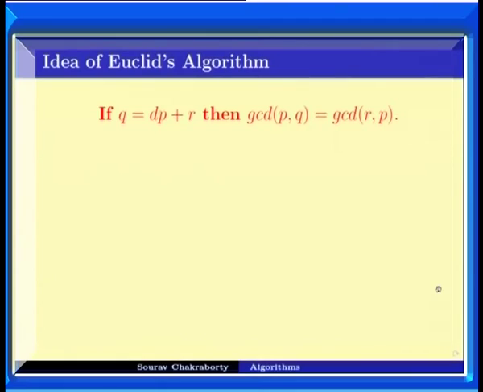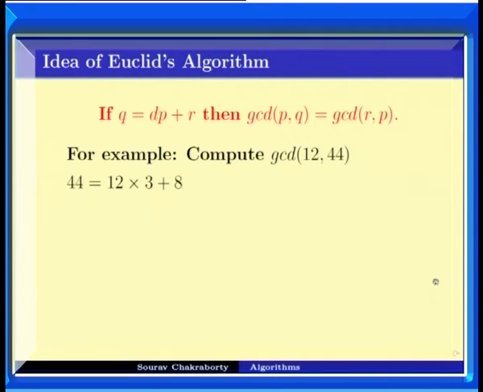So for example, this is the property that we are talking about on top, and if you want to calculate the GCD of 12 and 44, say we first write 44 as 12 times 3 plus 8. So remember, what we are doing is Q is 44, P is 12, 3 is the quotient and 8 is the remainder.